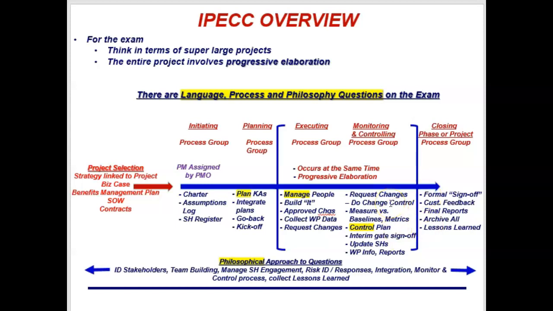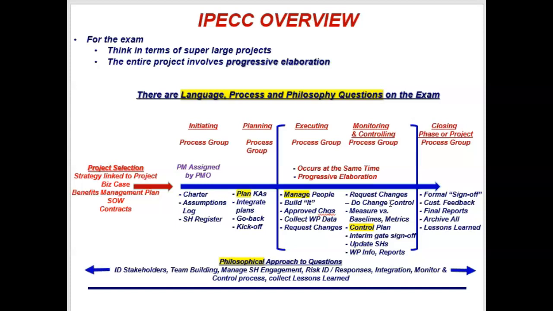requesting changes. Now it's in monitoring and controlling that I am requesting changes also, but I am doing work performance information, which is analyzing that data that I just got from executing, and doing work performance reports, okay, which are summary executive statement sheets to the key stakeholders.